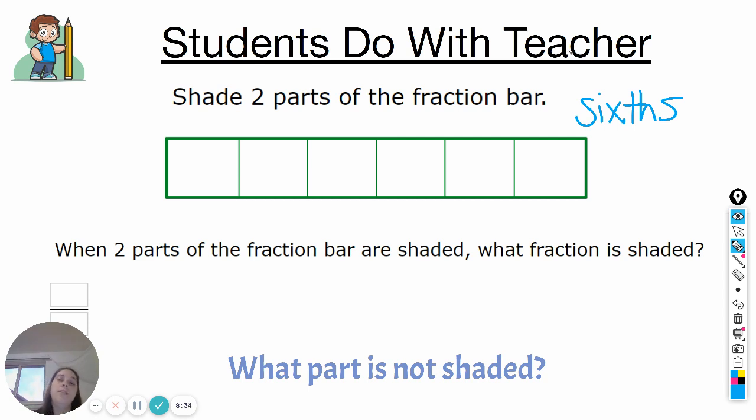Okay, so you should have a fraction bar on your whiteboard broken into sixths. We need to shade 2 parts of the fraction bar. So go ahead and shade 1, 2 parts of that fraction bar.